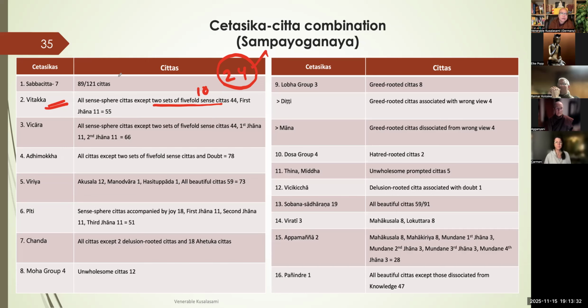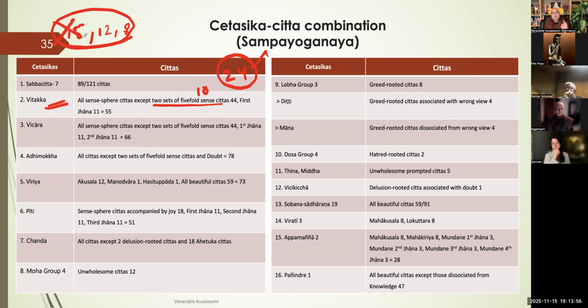Now if you look at it from the jhana factor perspective, you don't need to look at the 15 rupa, 12 arupa and 8 lokuttara. Forget about that. Among the jhana factors, you have to look with the jhana factor.